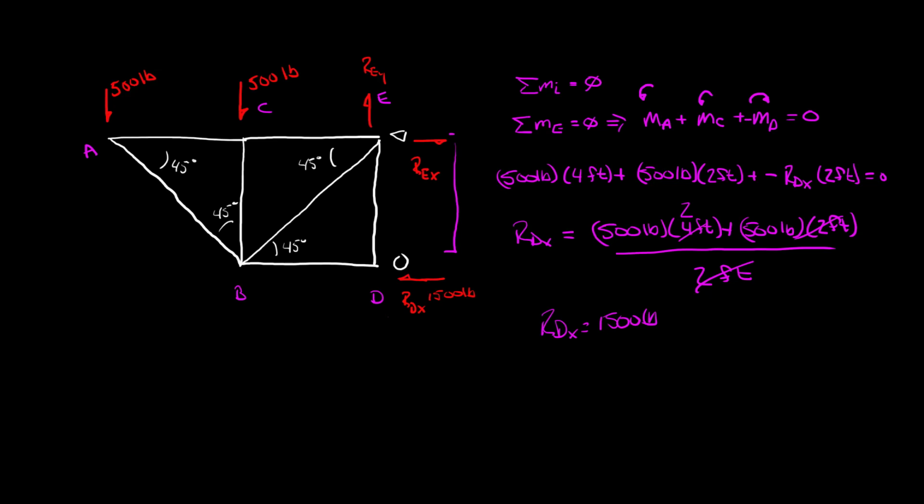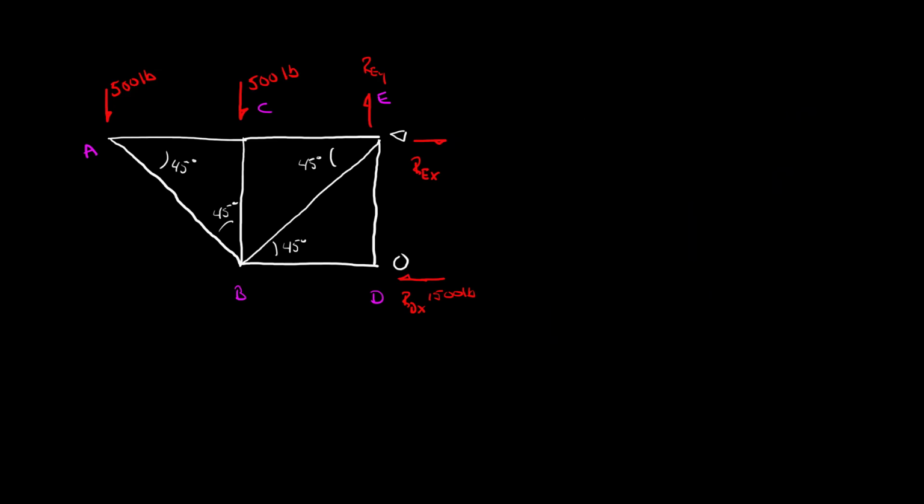So now we can come back and we can say 2 other things here. What we're going to say now is, you know what, I found R dx, and I can tell you that the sum of my forces in the x direction now has to equal 0. So let's look at that and say the sum of the forces externally acting on the truss equals 0. Therefore, I can say that R, E, x plus any other x direction forces, oh, there's R dx, have to equal 0.